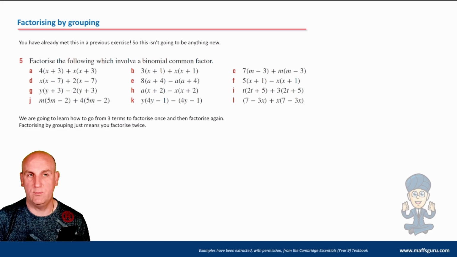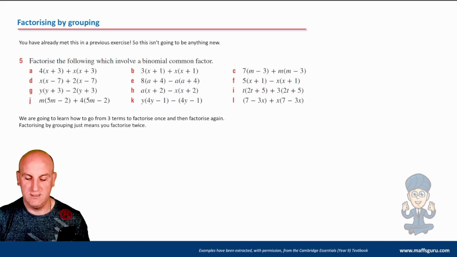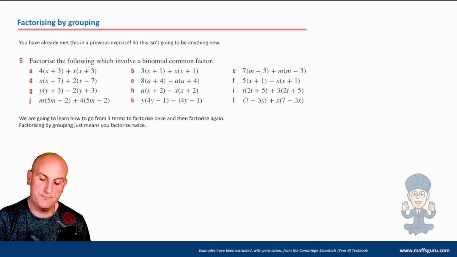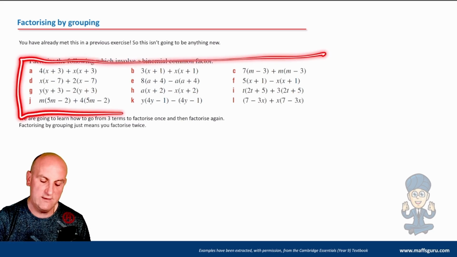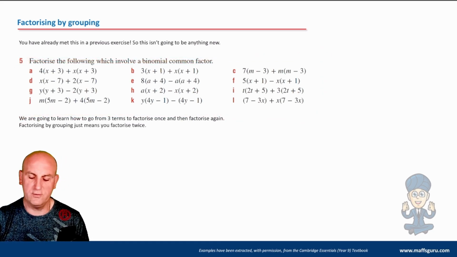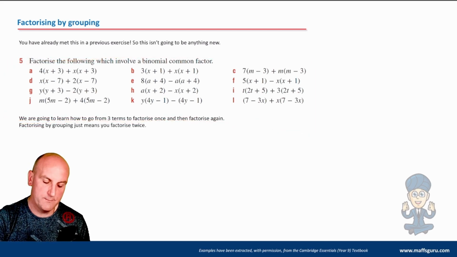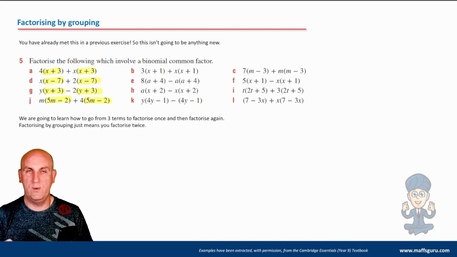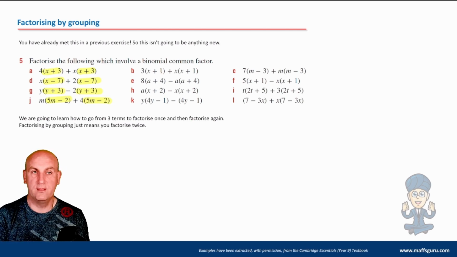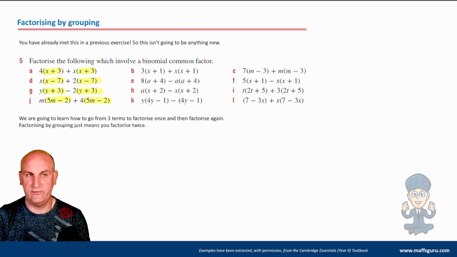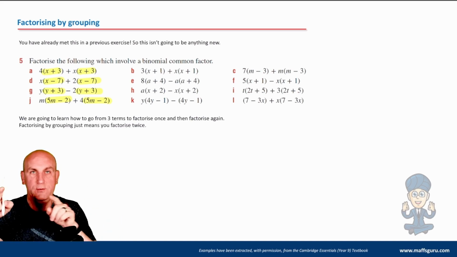Now, to recap what we've done before, and thank you very much, Cambridge, for letting me use your stuff, you guys are amazing. In a previous video, we looked at algebra where the brackets in each term were the same, like x minus 7, y plus 3, 5m minus 2, 5m minus 2. Then we could factorize it into binomial product form.